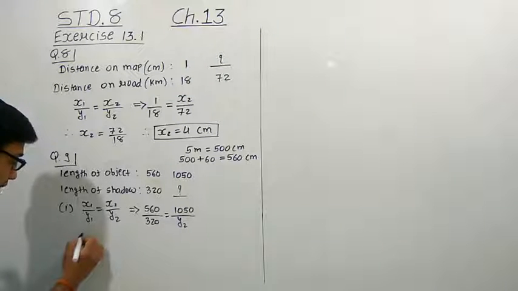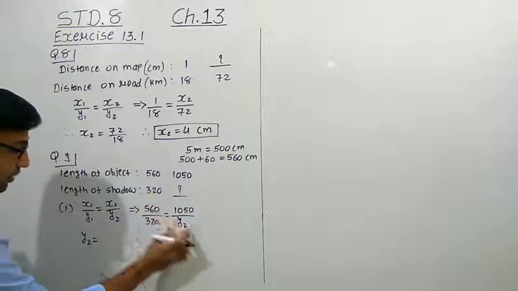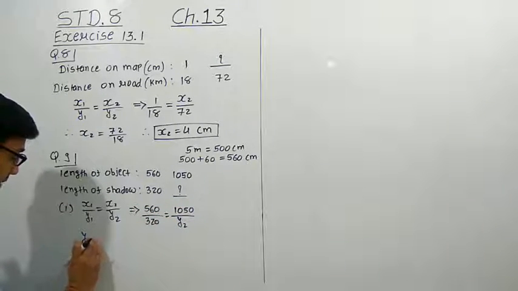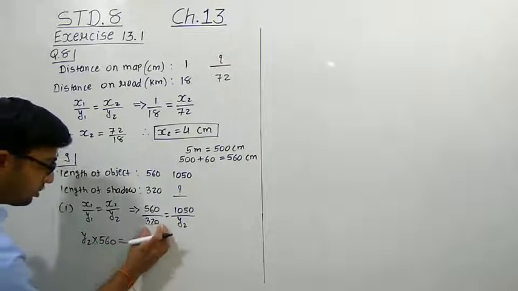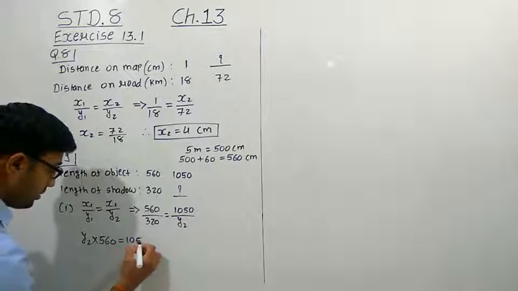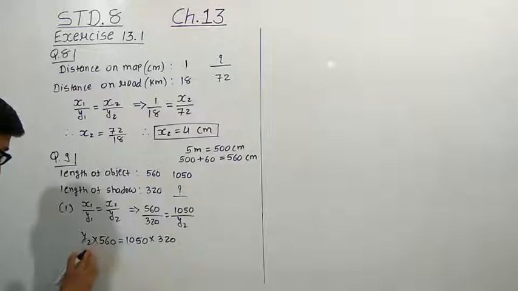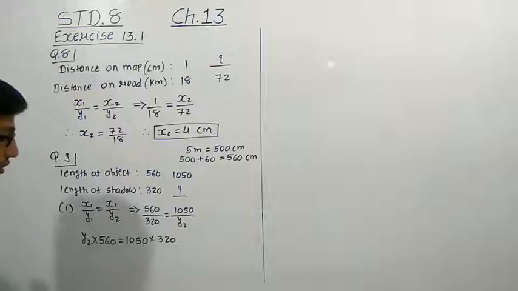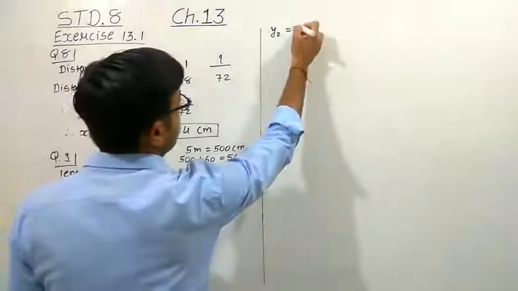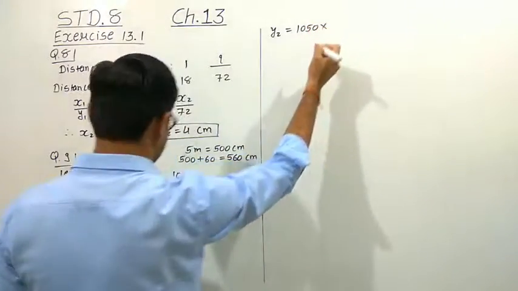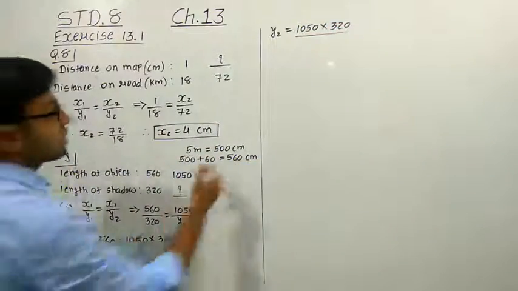If we make y2 the subject, let us multiply y2 and 560, and take this to the right hand side, it will also multiply 1050 into 320. Now we can make y2 the subject and take this 560 into the denominator. So let us write here, y2 is equal to 1050 into 320 upon 560.